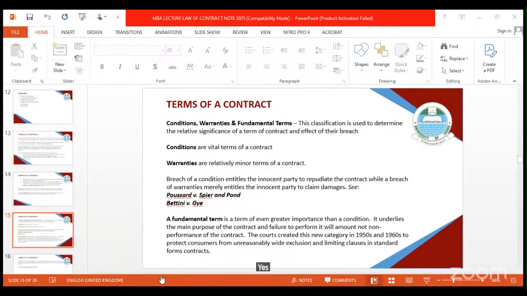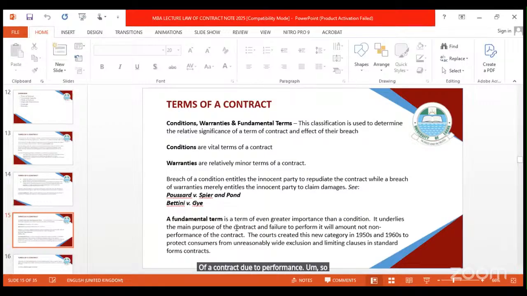Yes. So I'll speak on the case between Bettini and Frederick Guy, 1876. It was a case of termination of a contract due to non-performance.